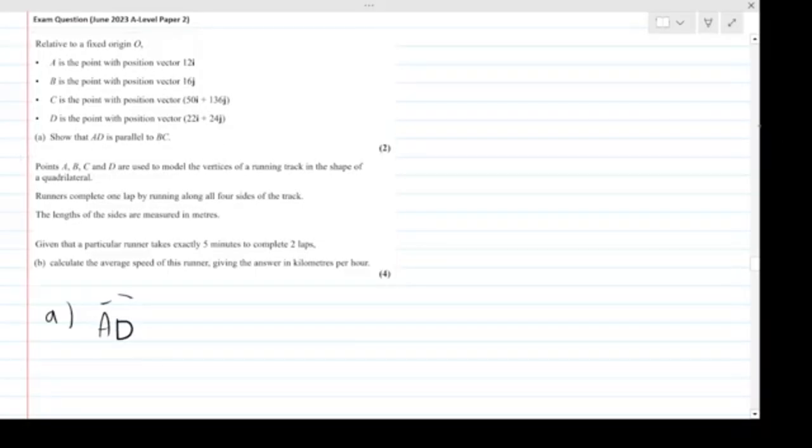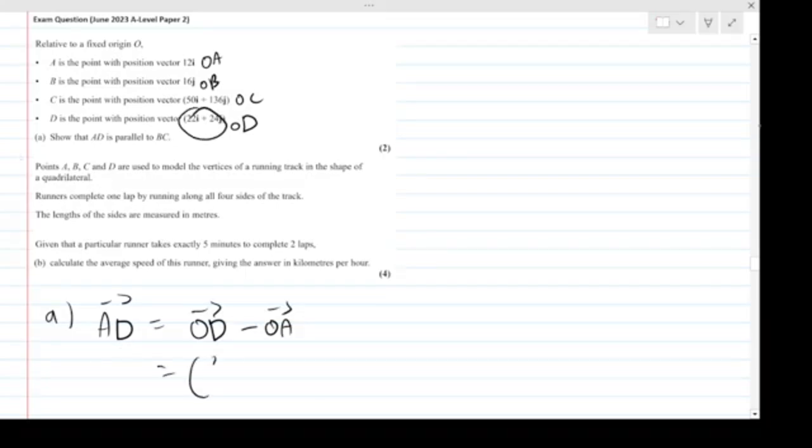Well, AD then, because we're already given the position vectors, so this is OA, this is OB, this is OC and OD. Remember, I can split up a vector in terms of position vectors by doing the second point, so OD, take away the first one, so OA. Well, OD is the vector 22i, 24j.